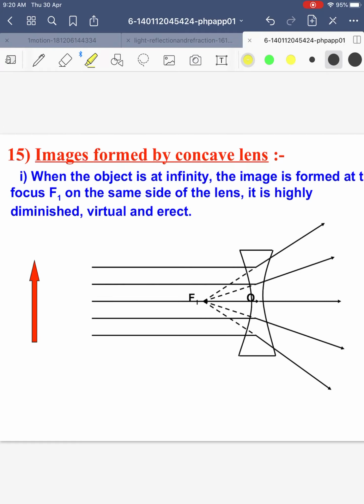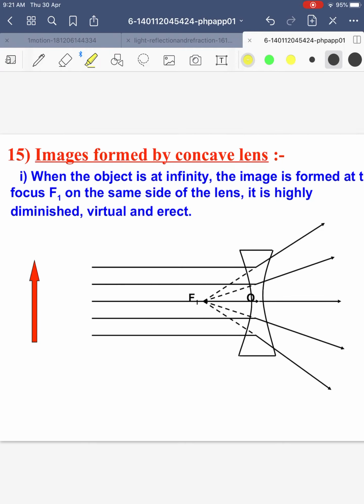A concave lens is also called a diverging lens, because it diverges the rays outwards. So we can conclude that in the case of a concave lens, images formed will always be virtual and erect, similar to the convex mirror. Like a concave mirror forms real images, but a concave lens has properties similar to a convex mirror.